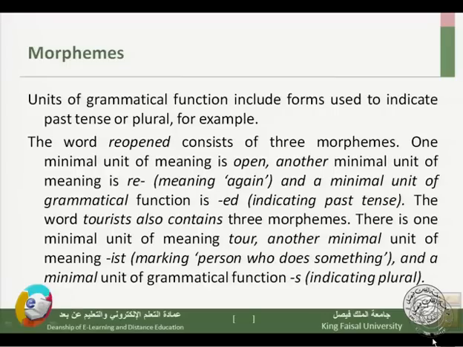Ist is like er, okay? Teach, teacher. Er is a marking of a person who does something. And a minimal unit of grammatical function, which is the s, indicating the plural.